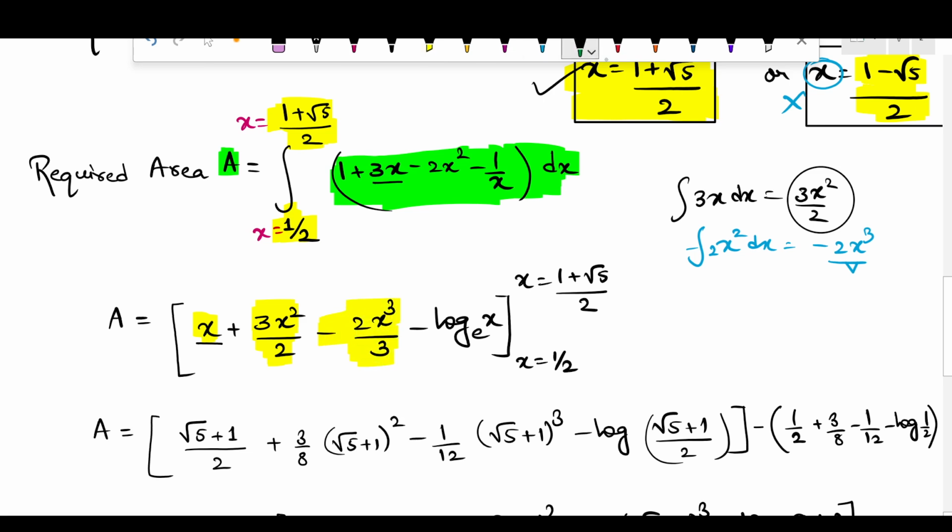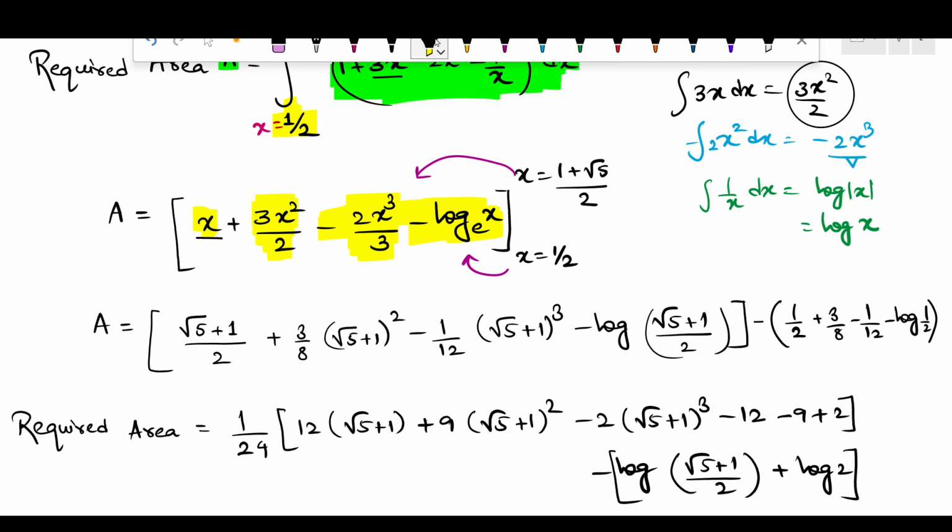And you know the integration of 1 by x dx is log mod x. And since x lies in the first quadrant, we can have this as log x, right? We then put the values of the upper limit over here minus the value of the lower limit over here, right? Which is shown in the next step.